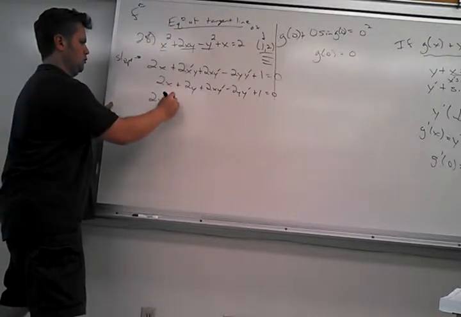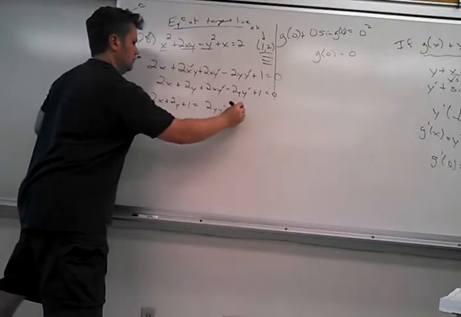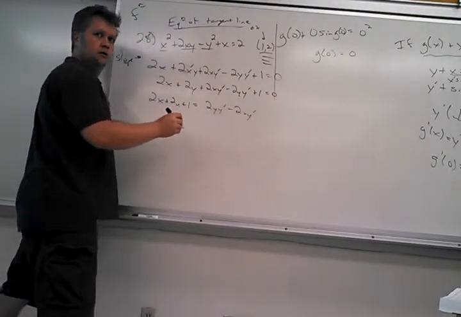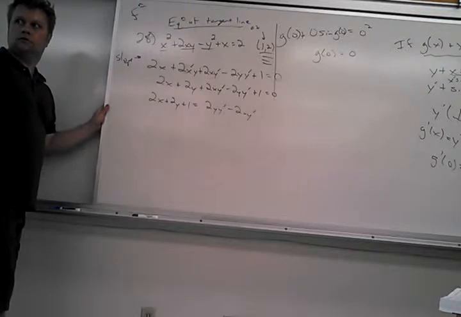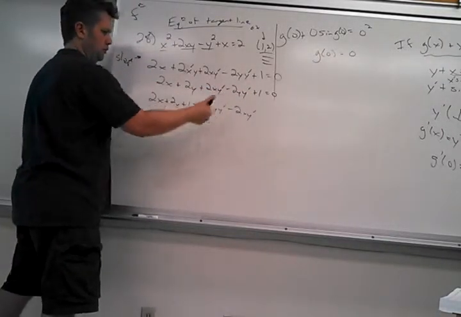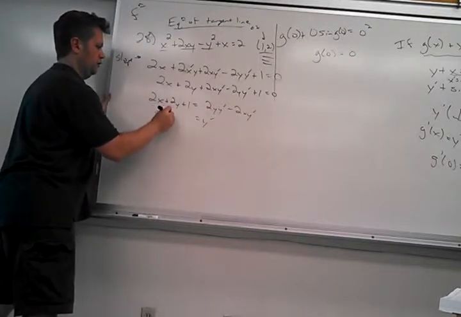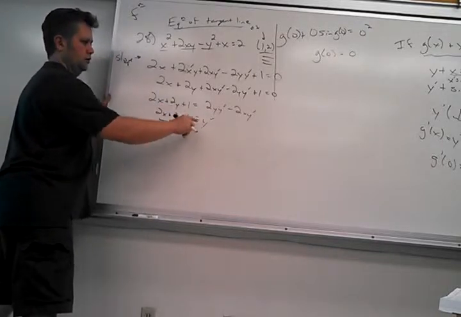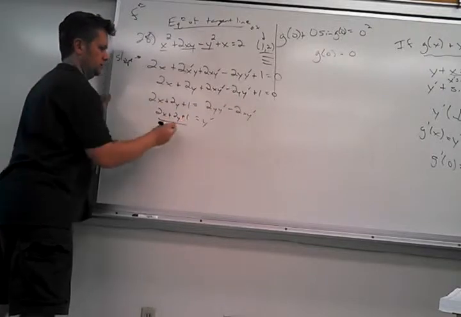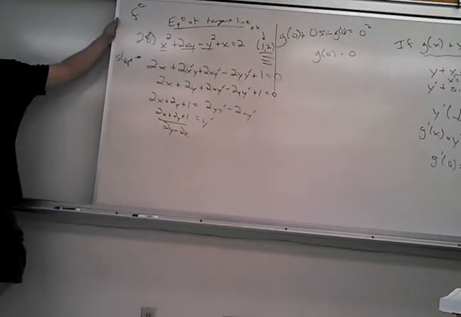I'm going to move my y prime stuff that way, just so more stuff stays positive. It doesn't really matter. So leave that, and that, subtract that, add that. Take out a y prime, and I'll be left with 2y minus 2x. So I divide by that.